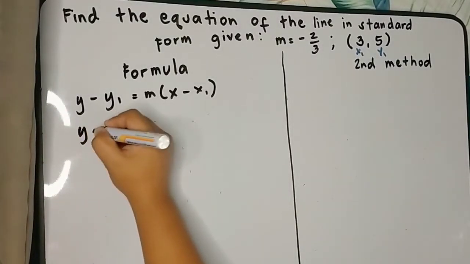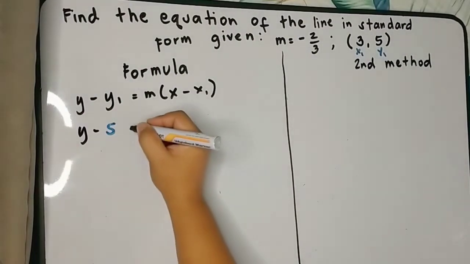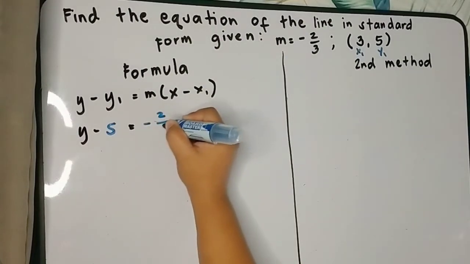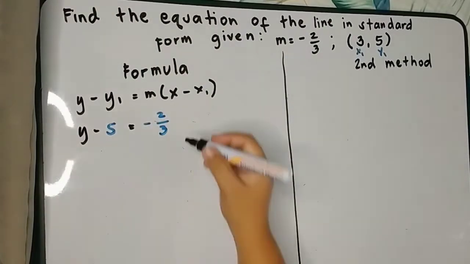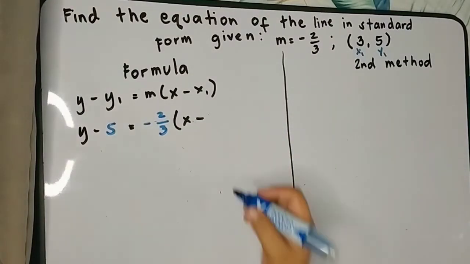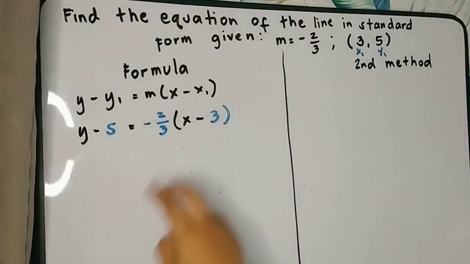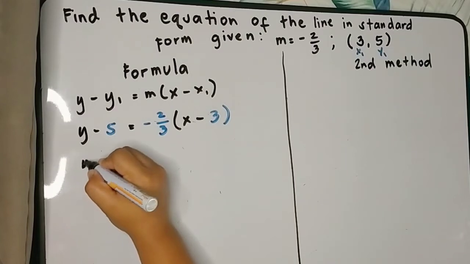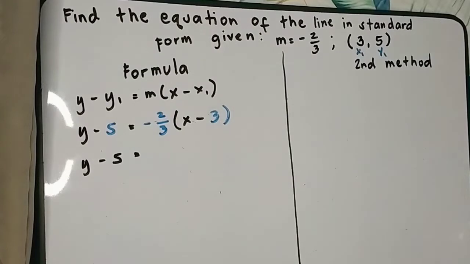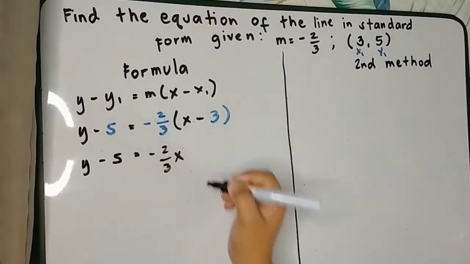So, y minus y sub 1 is 5. So, y minus 5 equals, m is negative 2/3, so negative 2/3 times the quantity x minus 3. Okay. So, multiply muna ulit natin. Copy y minus 5 equals, so negative 2/3 times x, that is negative 2/3 x.